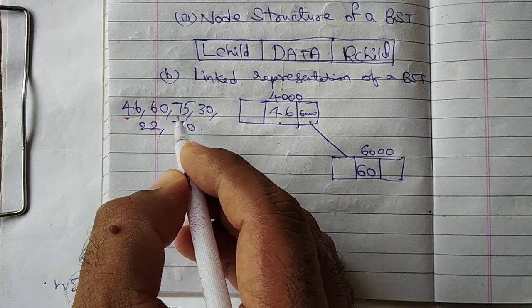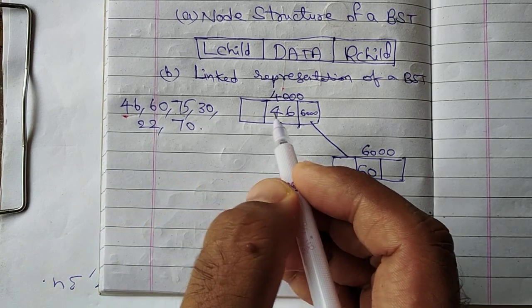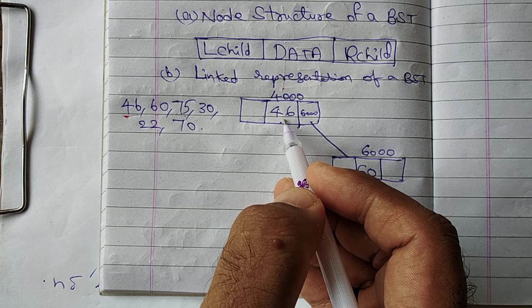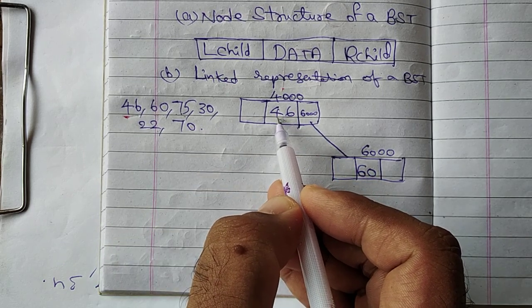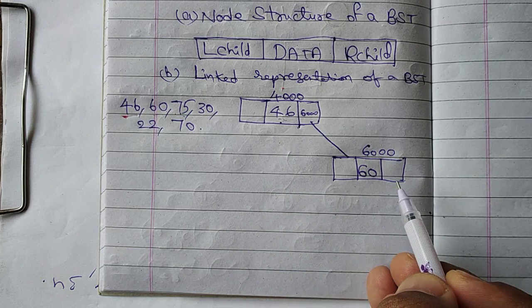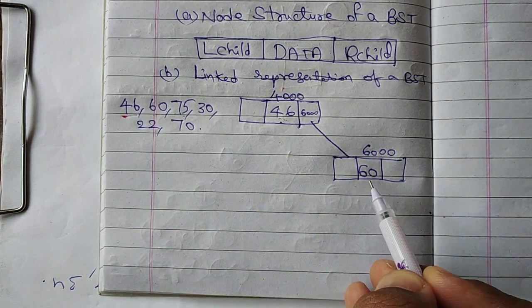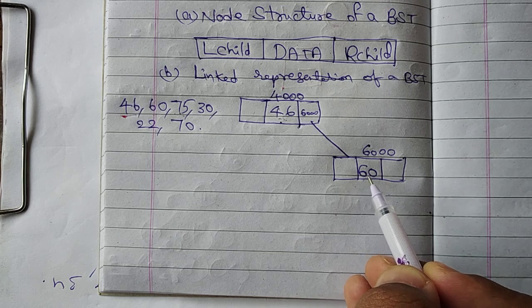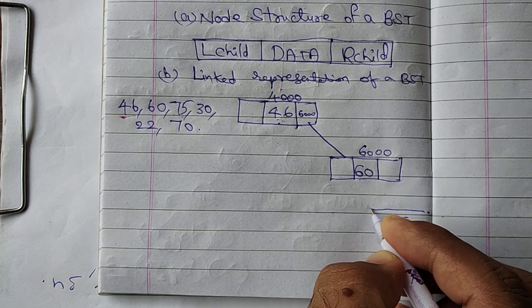Next, insert 75. Where do we have to insert 75? Comparison starts from the root node. 75 is greater than 46, so immediately go to the right subtree, and there is one more node. Comparison starts again. 75 is greater than 60. So create the 75 node here.